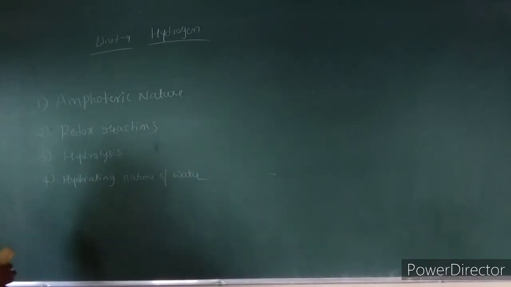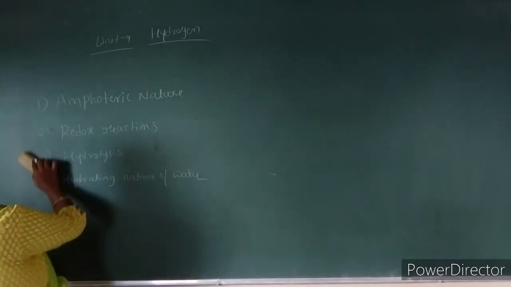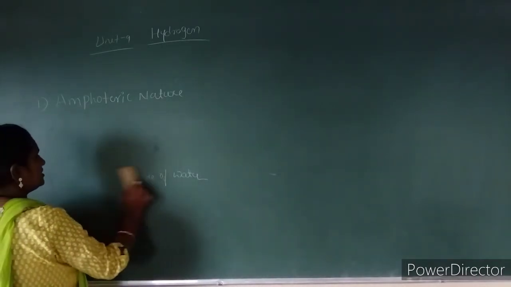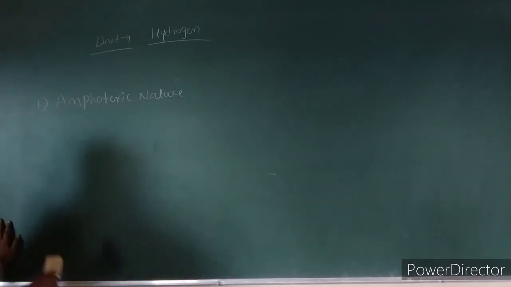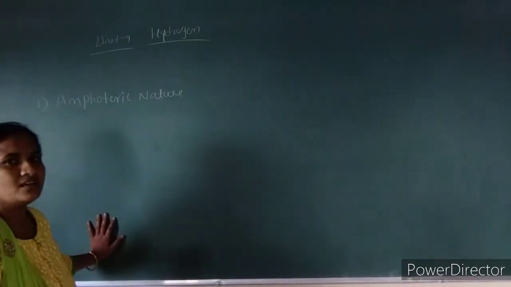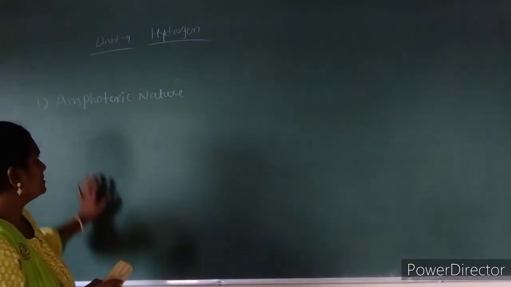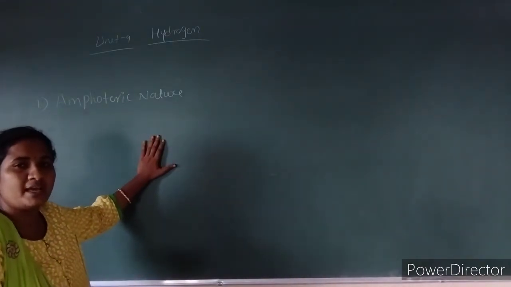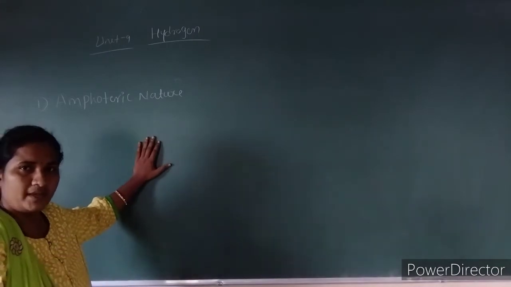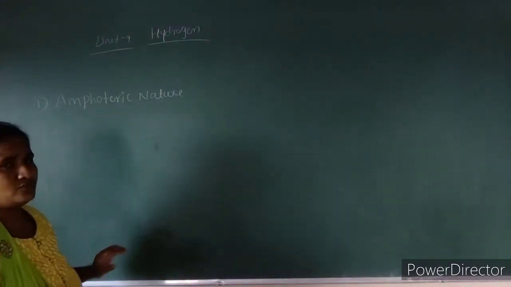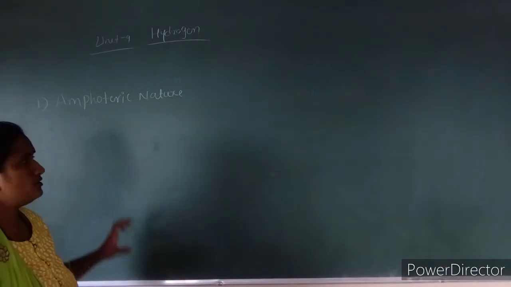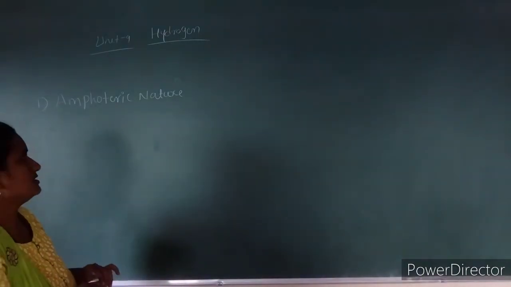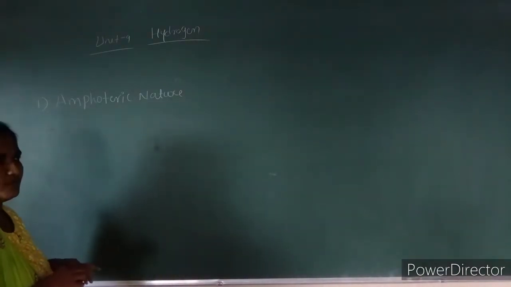In that, the first one is the amphoteric nature of water. Amphoteric nature is nothing but water behaving as both an acid and a base. If a species behaves as both an acid and a base, then it is said to be amphoteric.